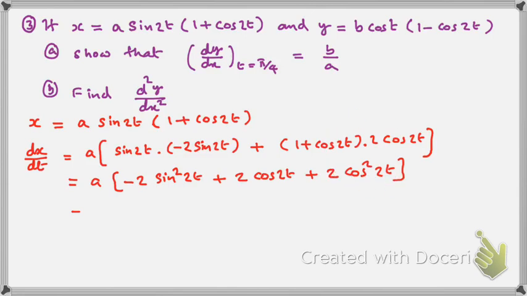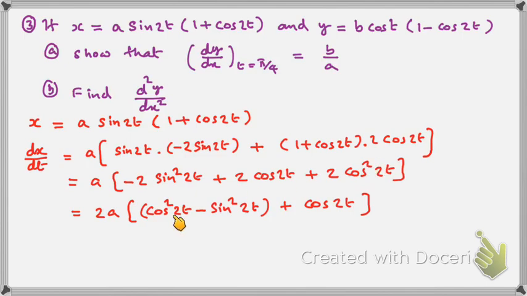And then I'm going to take 2 common factor out. So 2a into, I put the positive term, the very last term, first: cos square 2t, then minus sin square 2t because I took 2 common out and grouped those two. And the middle term comes last. Of course 2 is out, so you have only cos 2t.